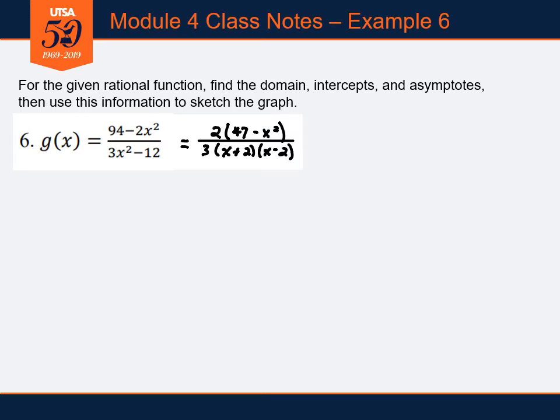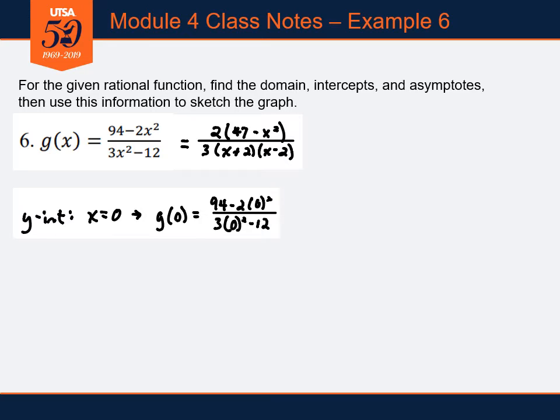Next up for the intercepts, we find the y-intercept by plugging 0 in for x. Doing the math there, we end up with 94 over -12, which reduces to -47 over 6. And yes, one reason we're working this particular problem is that we're getting ugly numbers. It's okay.